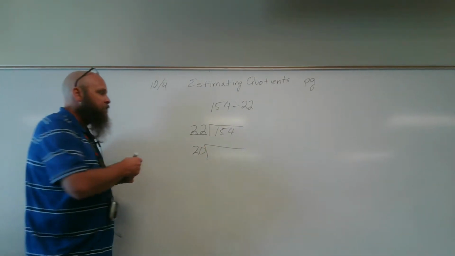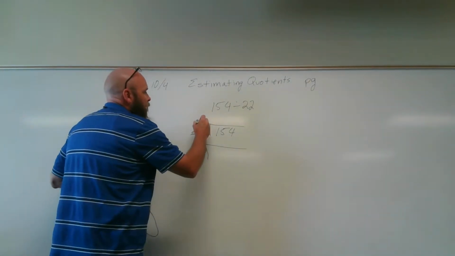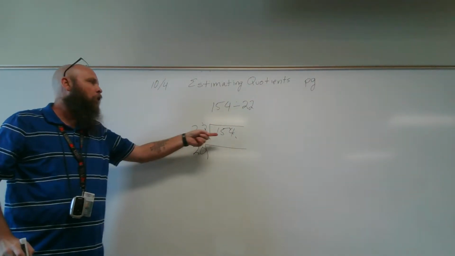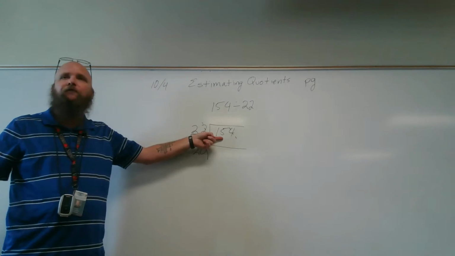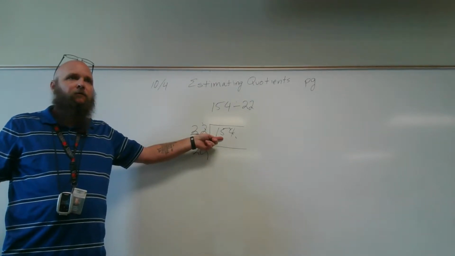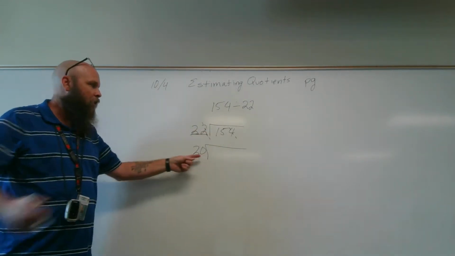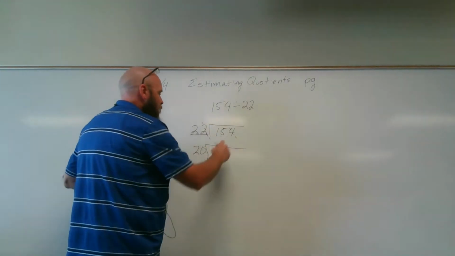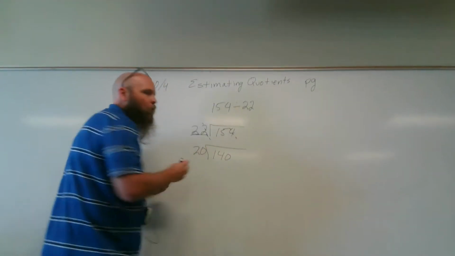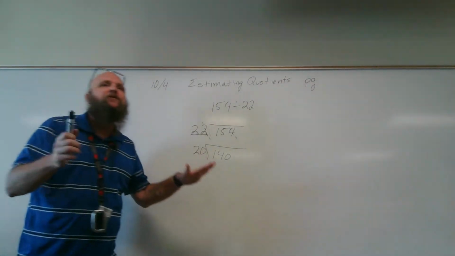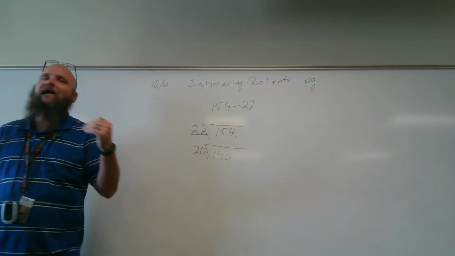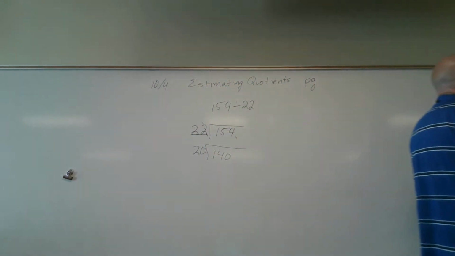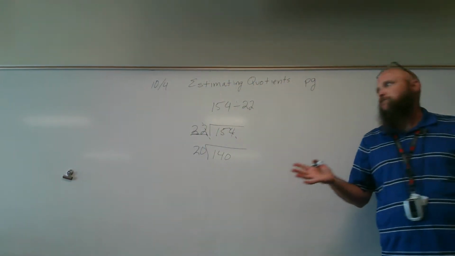If I took each one of these digits off, 2 goes into something close to 15. So 14. So I'm going to change 22 to 20, and 154 to 140. Now the purpose of this is I can do this problem in my head. That's going to give me a general place to start.